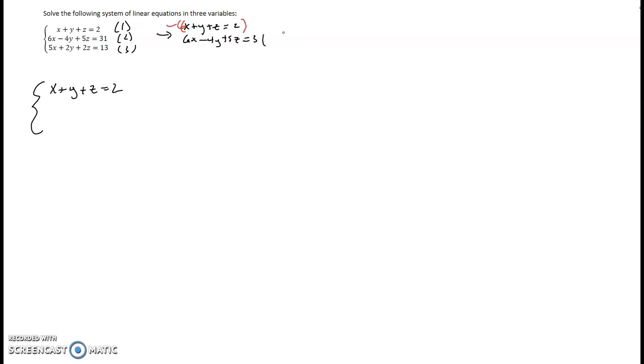This is very similar to the elimination process that we did in the last video with a system of 2. So on the top we're going to have -6x minus 6y minus 6z equals -6 times 2, which is -12. On the bottom, that one's going to stay the same: 6x minus 4y plus 5z is equal to 31.